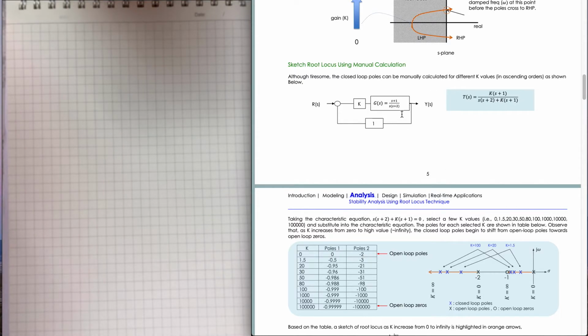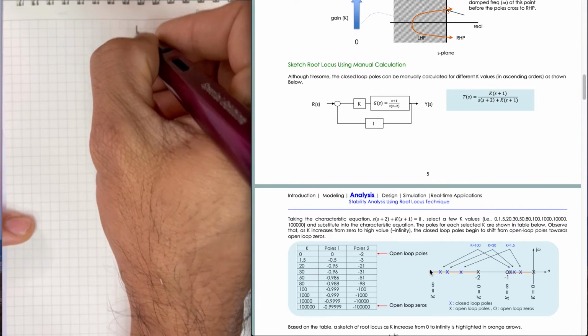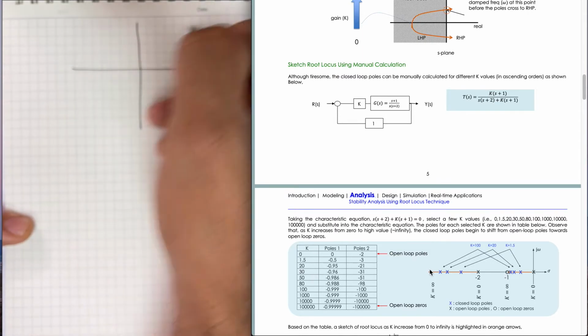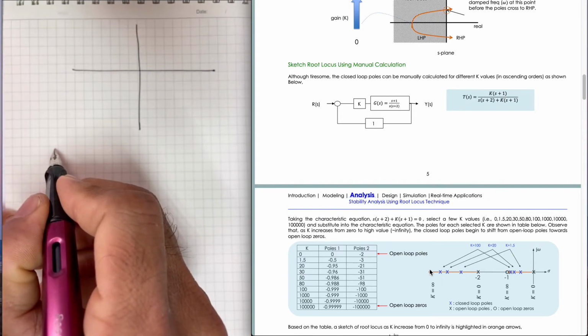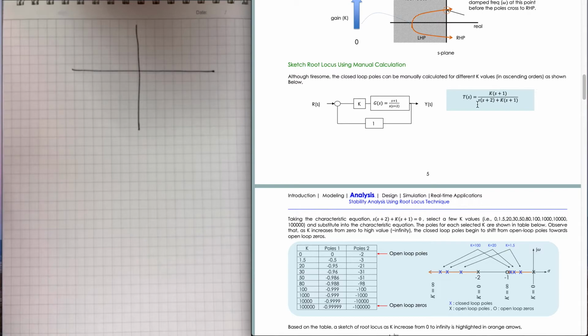That is where the root locus starts. Then we increase K to 1.5, we calculate this, we got this, and then we can plot this. Our open loop is this one here, and this is closed loop.